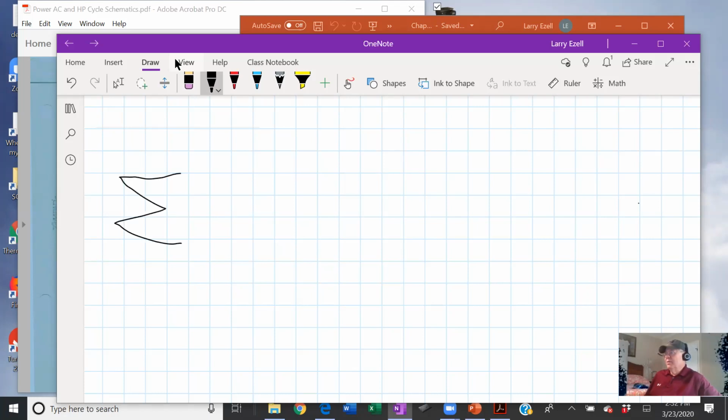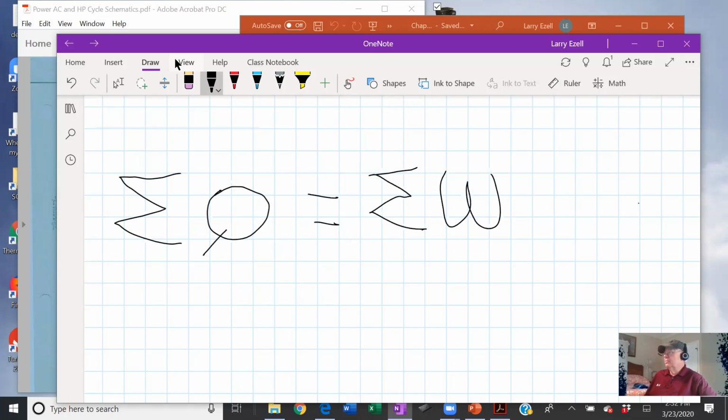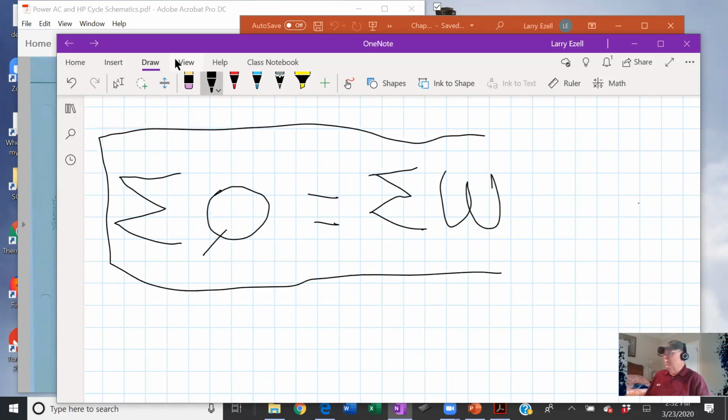The sum of the heat transfers in a cycle, the sum of all the heat transfers is equal to the sum of all the works. That's always true for a cycle.